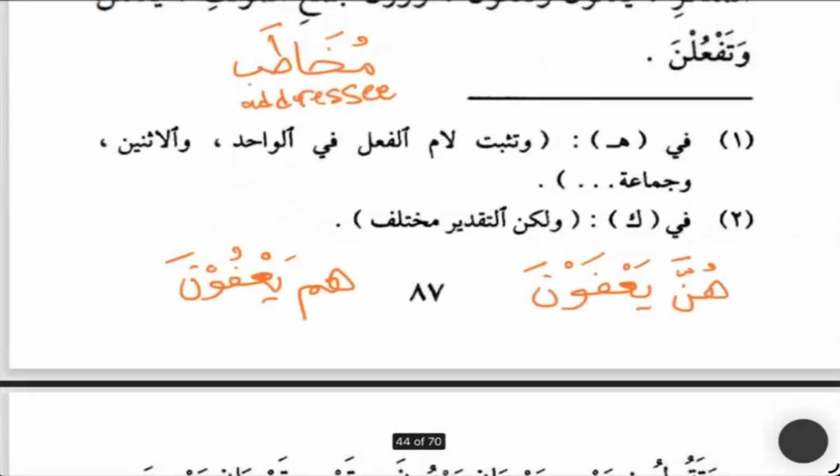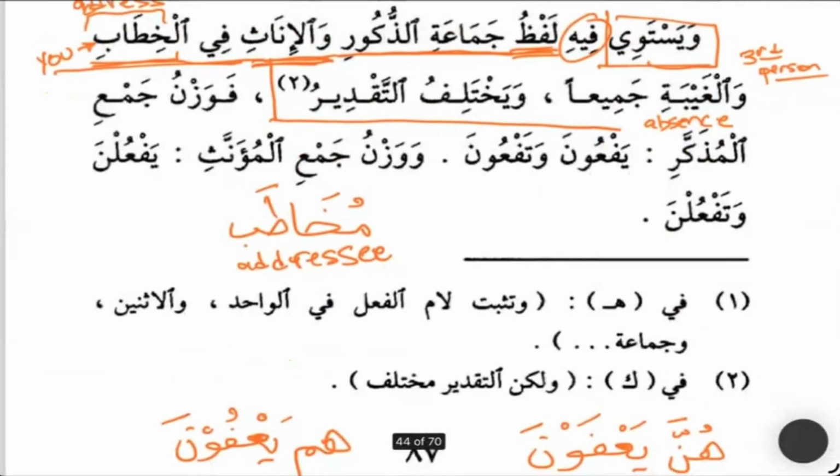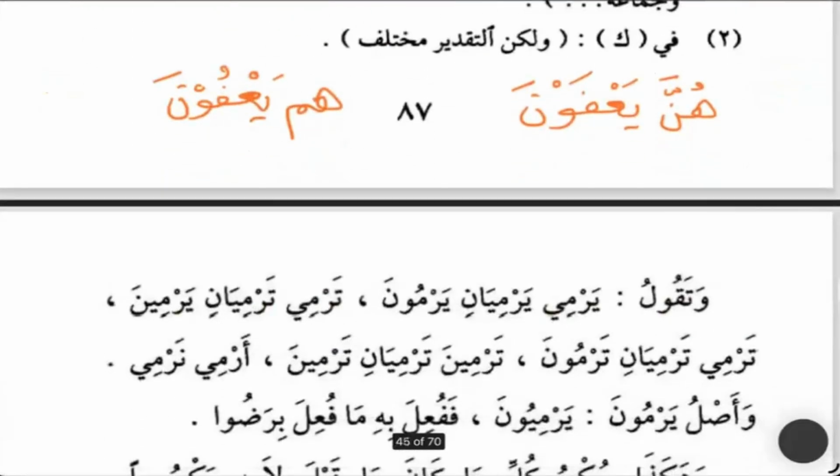So he tells us, what's the difference? Wait, why? How? Well, what he says is going to answer my question. فوزن جمع المذكر يفعون وتفعون. Here, you say also, أنتن تعفون. What does this verb mean, by the way?